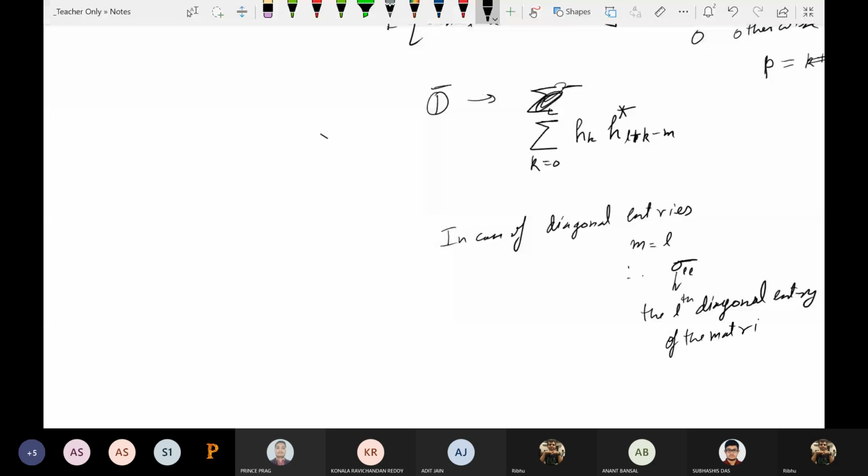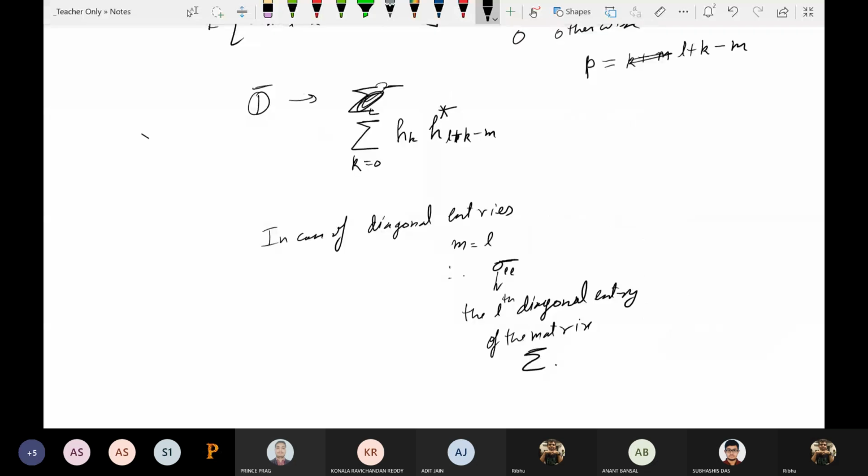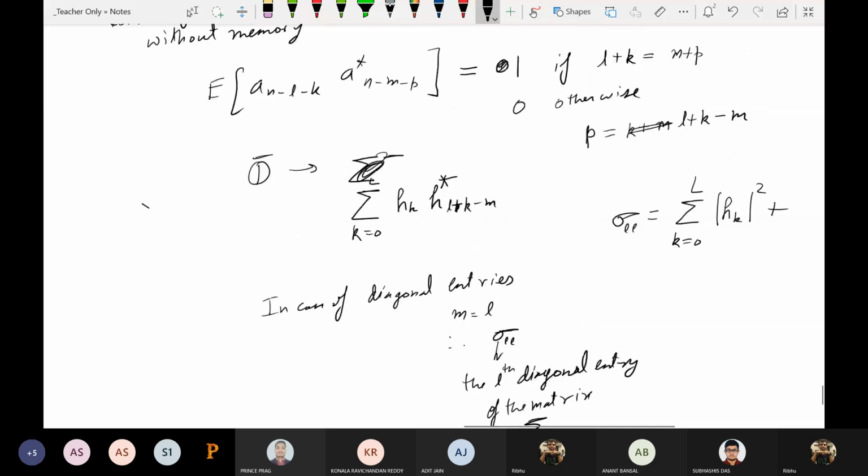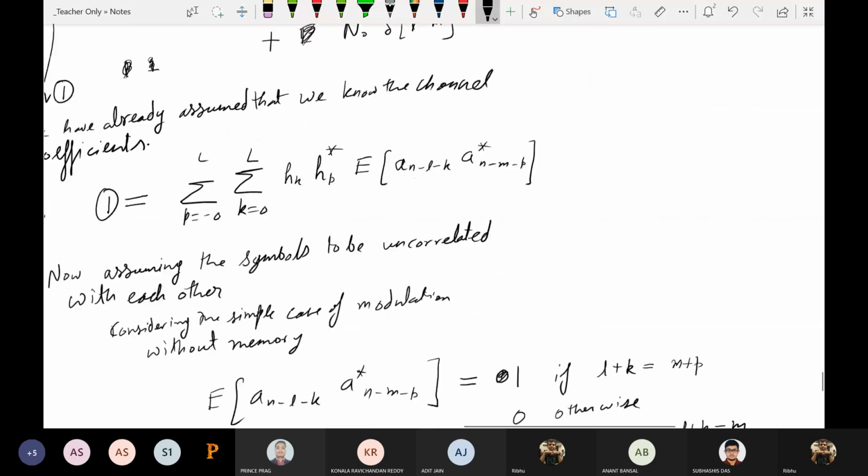Therefore sigma LL equals, what does sigma LL equal? Sigma LL equals summation K goes from 0 to capital L, HK square plus sigma LL, this beast.